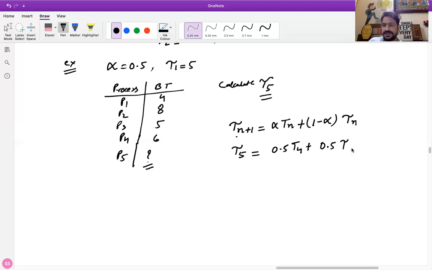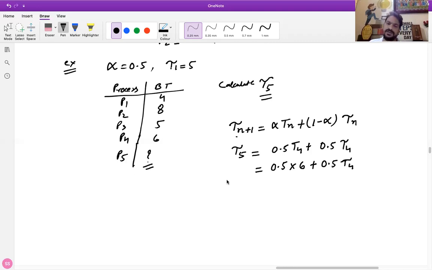Now here, we calculate 0.5 into T4. T4 is 6. So it will be 6 plus 0.5 into tau, because tau is unknown to us. Okay, so this is actually not tau 1. We can say it as tau of 4, right?